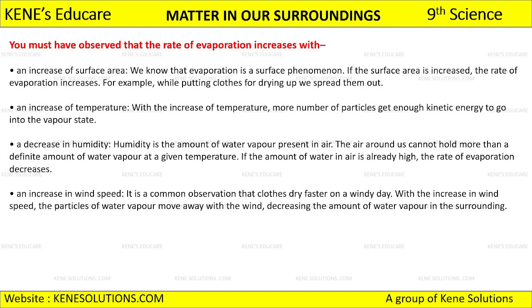The air around us cannot hold more than a definite amount of water vapor at a given temperature, because if the amount of water in the air is high, the rate of evaporation will decrease, and that is why it has been stated that rate of evaporation increases with decrease in humidity. The amount of water vapor in the air should be reduced, then only the rate of evaporation will increase.